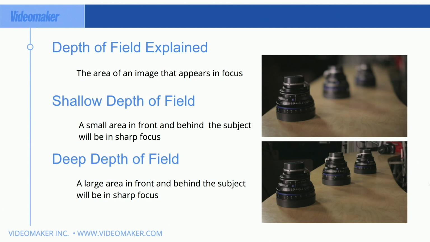And deep depth of field is when a large area in front and behind the subject is in sharp focus. There are a lot of reasons why you need that, as opposed to shallow depth of field. Shallow depth of field is definitely not as easy to do, and not every camera is able to do it very easily, whereas deep depth of field is something any camera should be able to achieve.